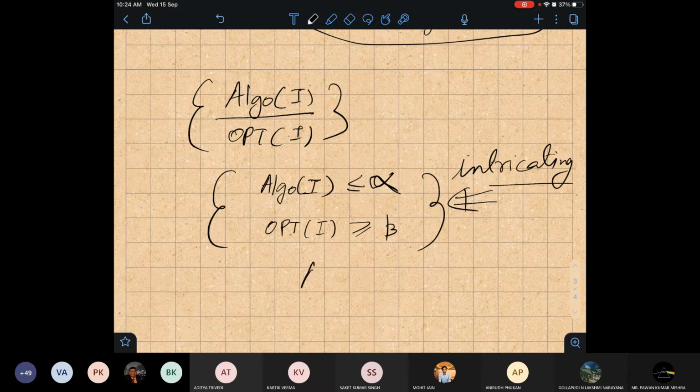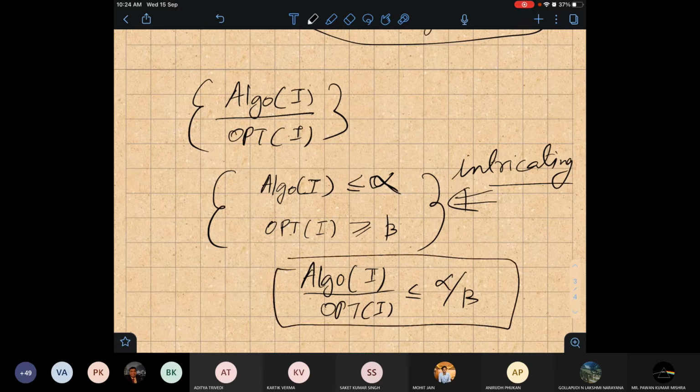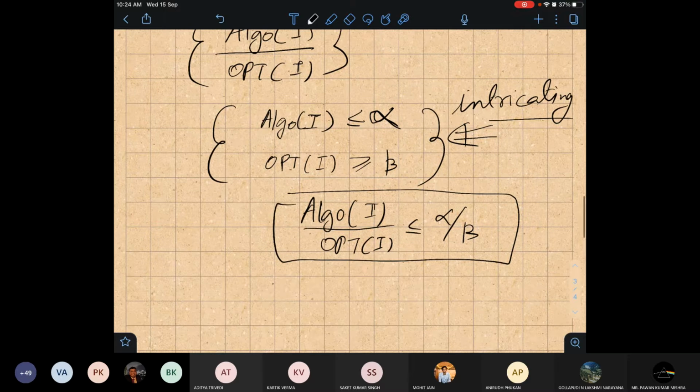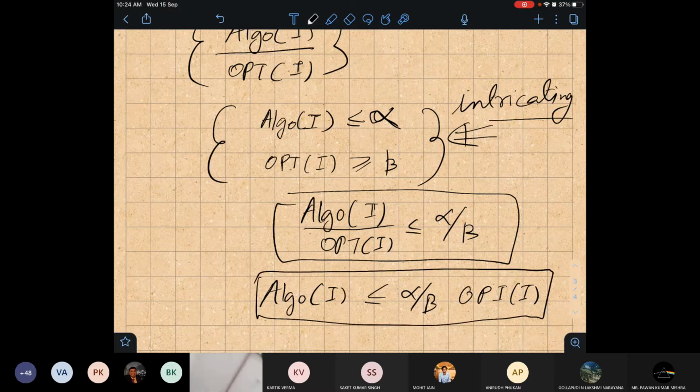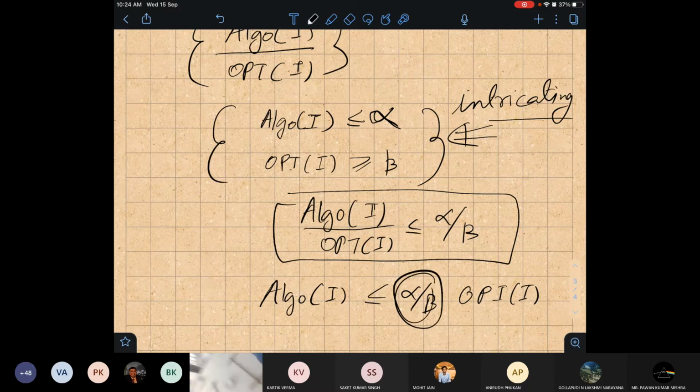So if we have such a bound, then we can say that algo of I divided by opt of I is at most alpha by beta. True? Then we can say that our algorithm is alpha by beta times opt. Then we can say our algorithm will always return a solution which is within this factor of the optimal.